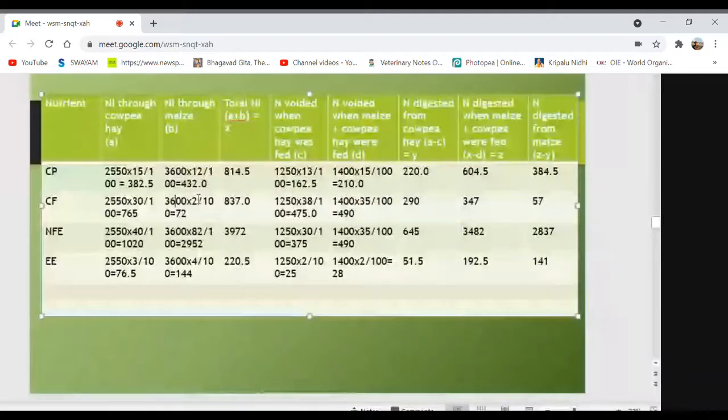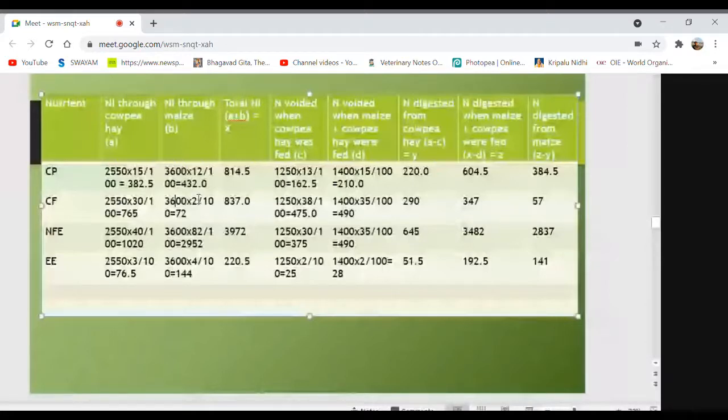Okay. Now total nutrient intake, in the second digestion trial. Okay. So since cowpea hay and maize were fed together, this plus this, A plus B, will be this much. Suppose this is X. This was the total nutrient intake.